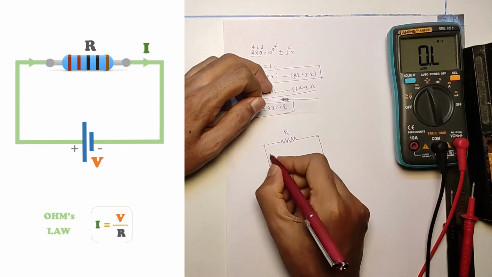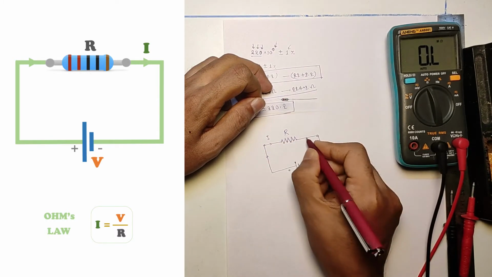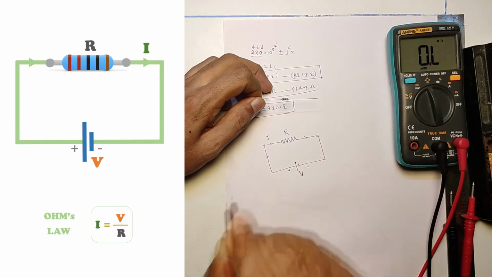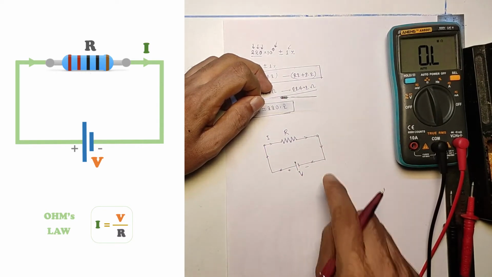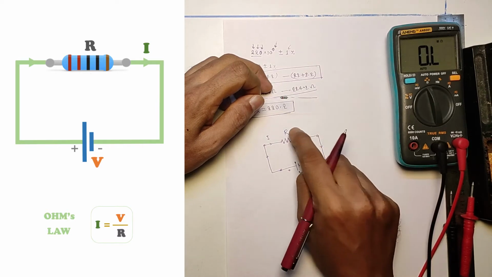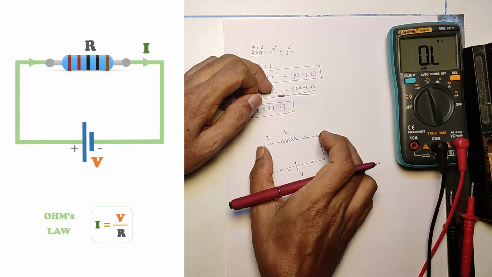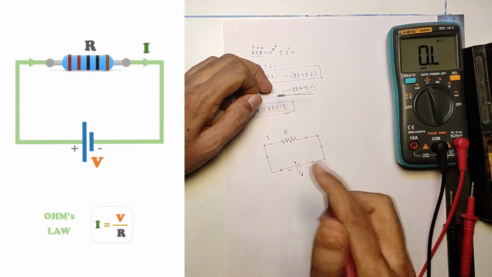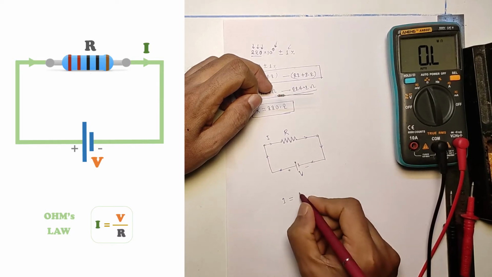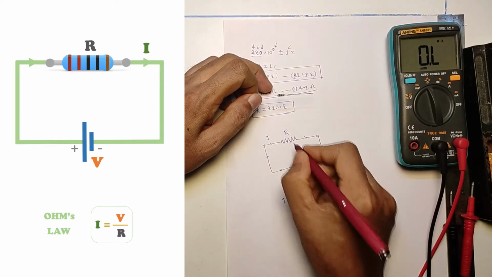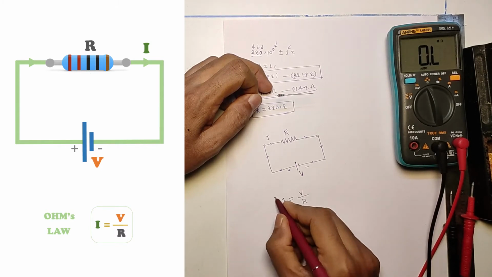A current will flow through this circuit, and I am assuming the value of current as I. The same current will flow through this resistor also. Ohm's law states that if a resistance value is R, and if a voltage of V is applied across this resistance, the current through this resistance will be equal to the applied voltage divided by the value of this resistor, R. This is what Ohm's law is.